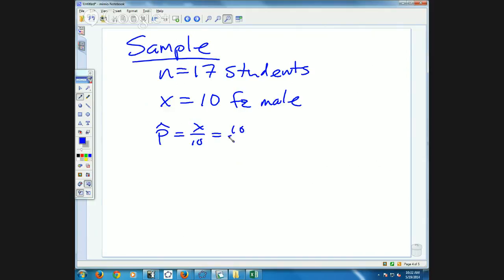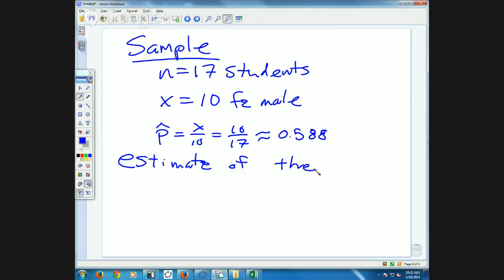In this case, 10 over 17. And we said that is about, what, 0.588? That's to my recollection. Good. So this is an estimate of the proportion of females at BMCC.